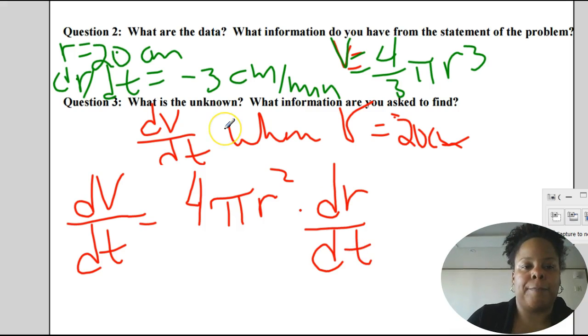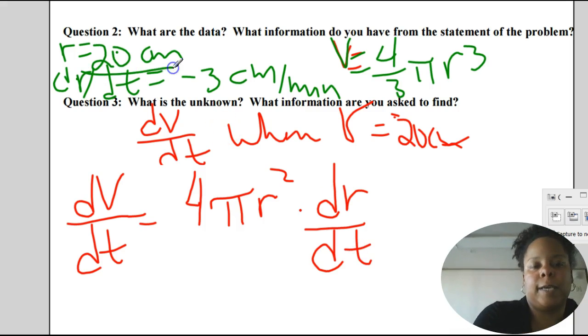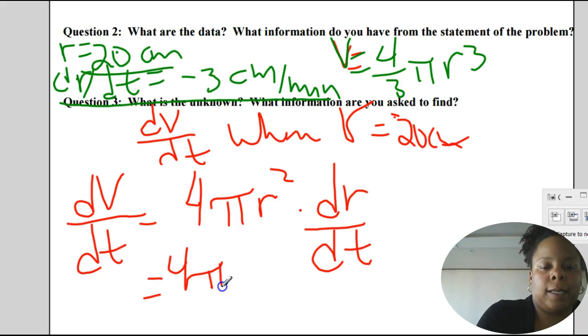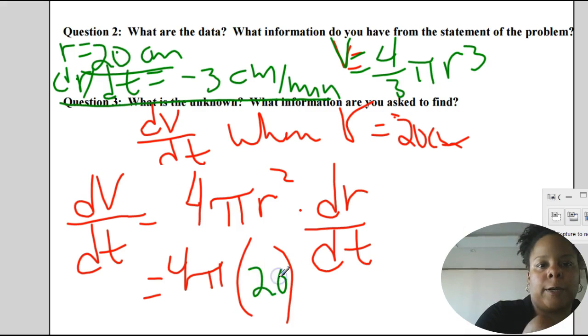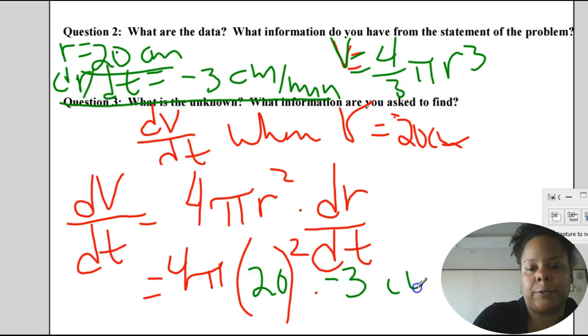I notice that my radius is 20 centimeters and that dr/dt at that point is -3 centimeters per minute. So all I have to do is substitute: 4 pi times 20 squared. Like last time I forgot the square. Times dr/dt, which we know is -3 centimeters per minute.